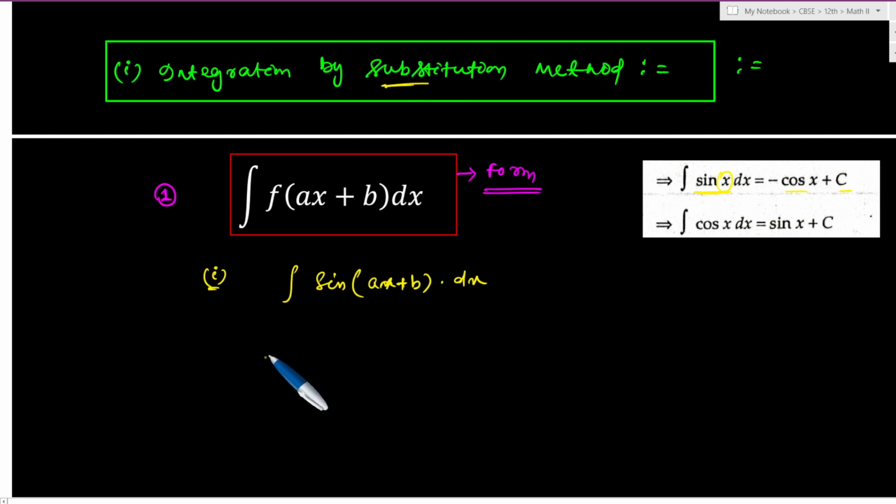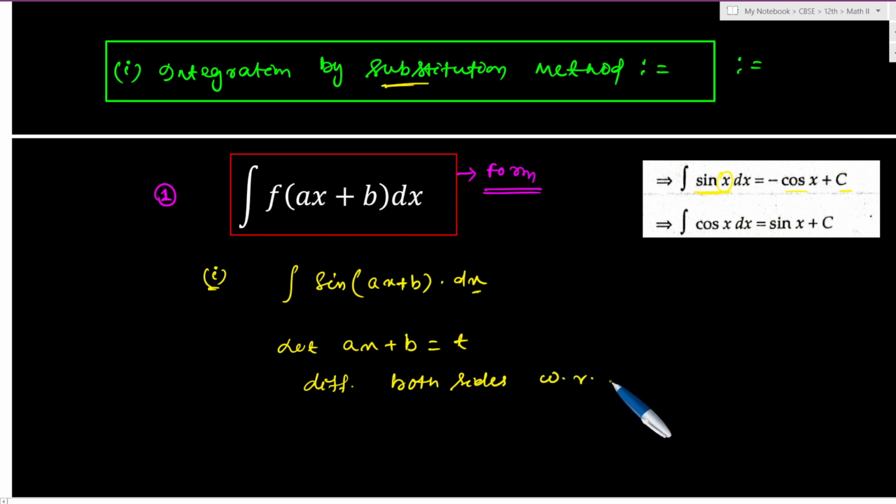We replace ax plus b with another variable, say t, and differentiate both sides with respect to x.